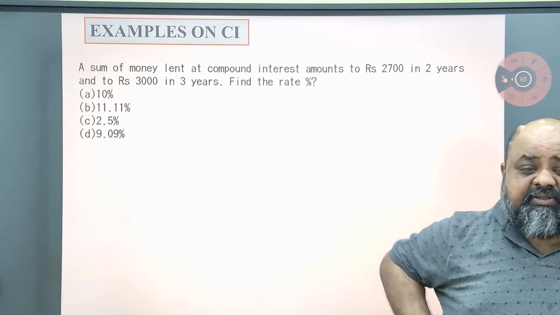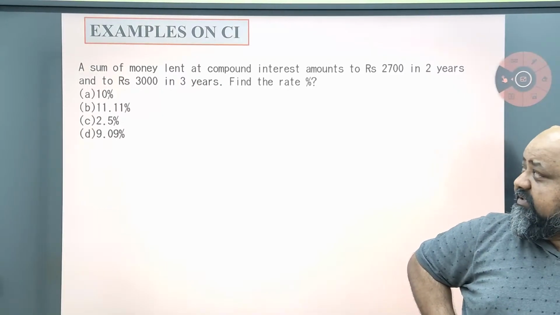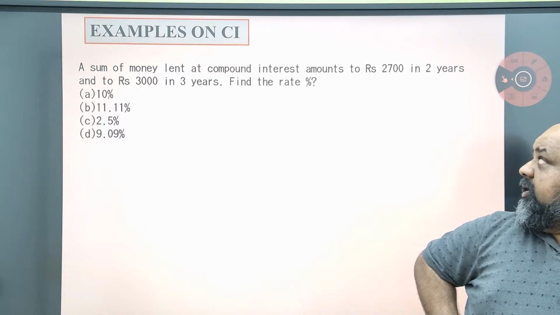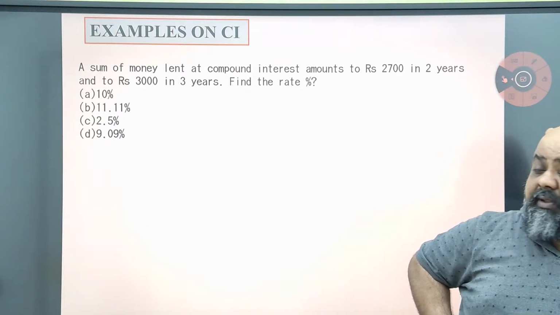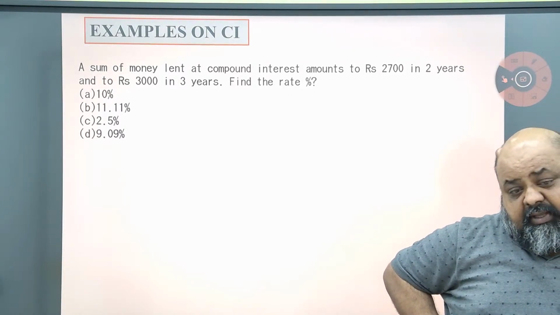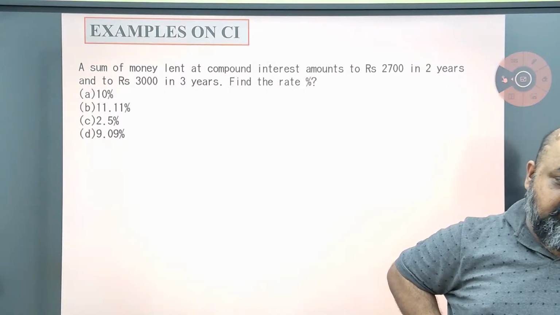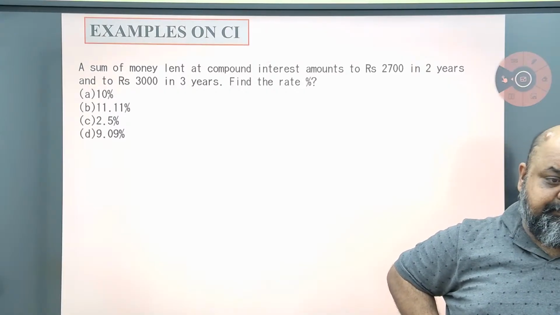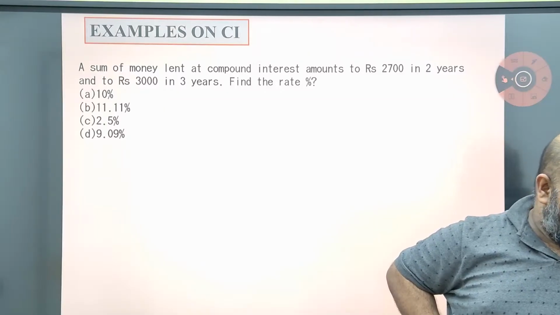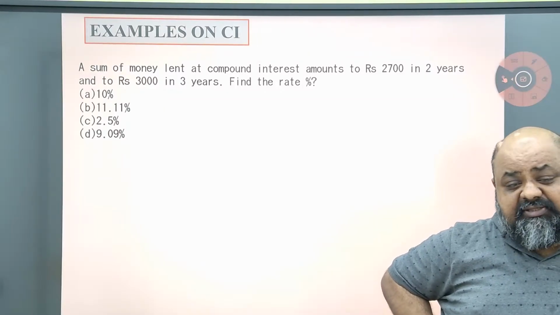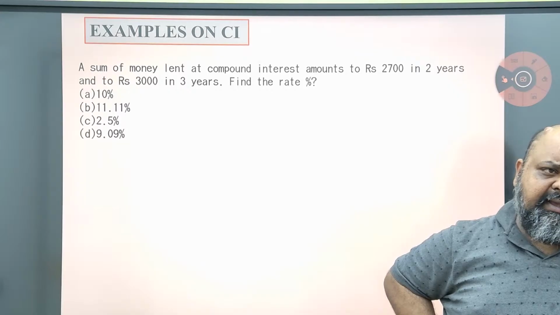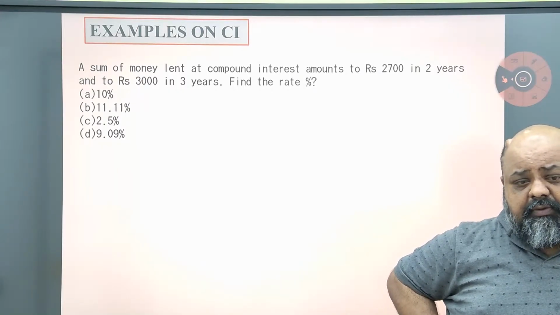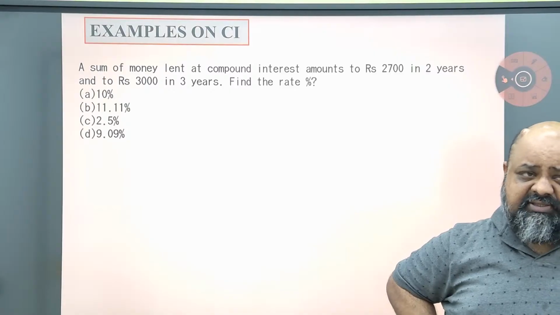For example, this question says a certain sum of money, compound interest, amounts to 2700 in 2 years and 3000 in 3 years. Find the rate percent. Again, because the amount is being mentioned, I can use the formula as well to try and solve this.